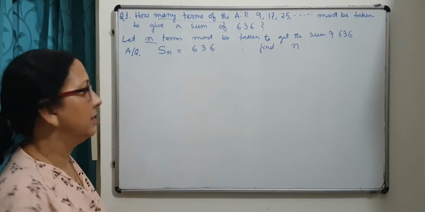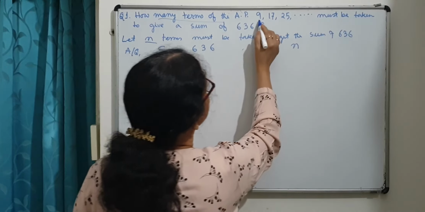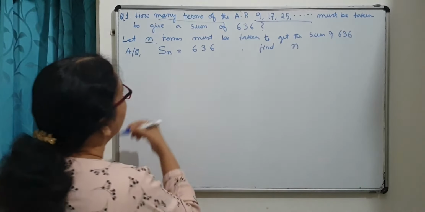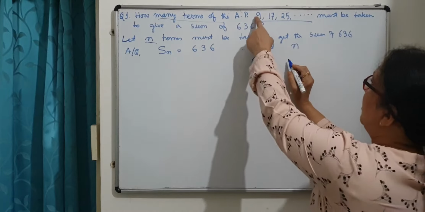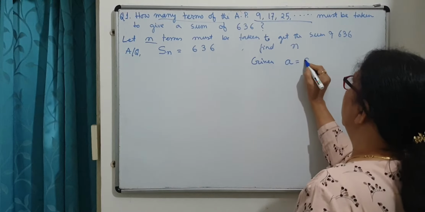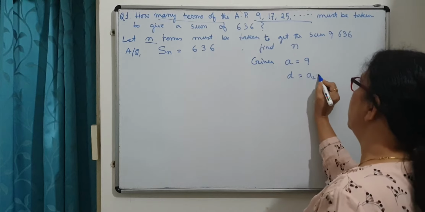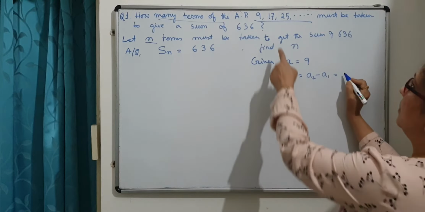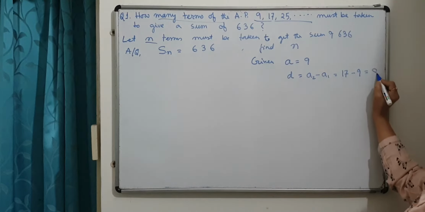This is the question. Now this is the AP that is given. So what is given? The first term a is 9, and we also know the common difference, which is a2 minus a1. a2 is 17 and a1 is 9, so this is 8.